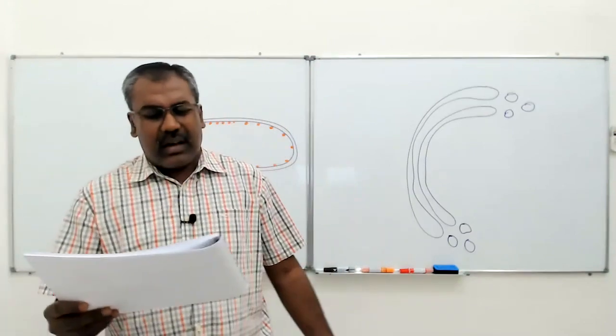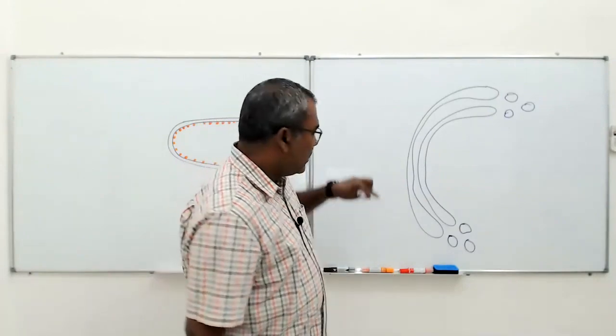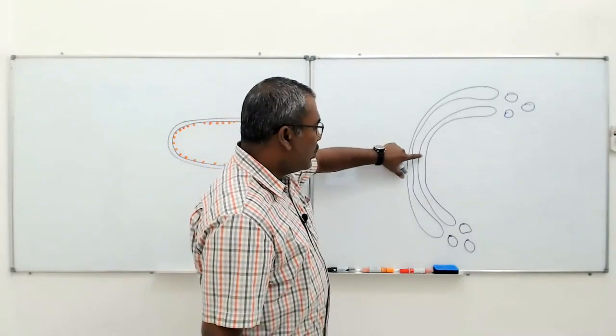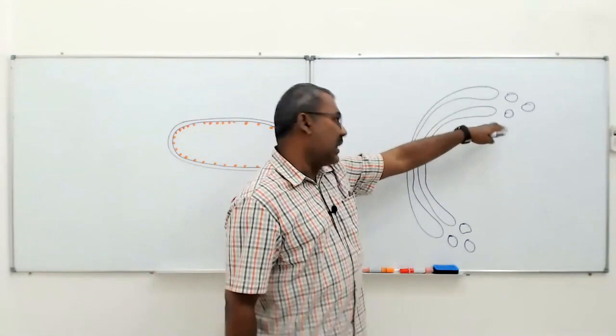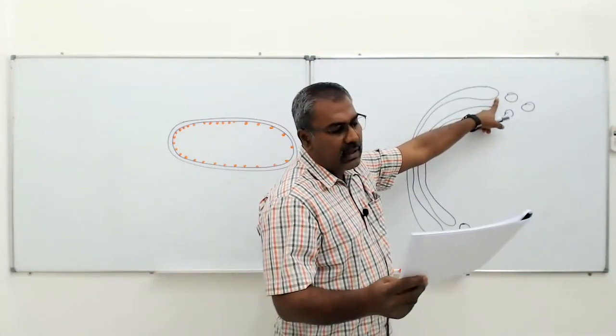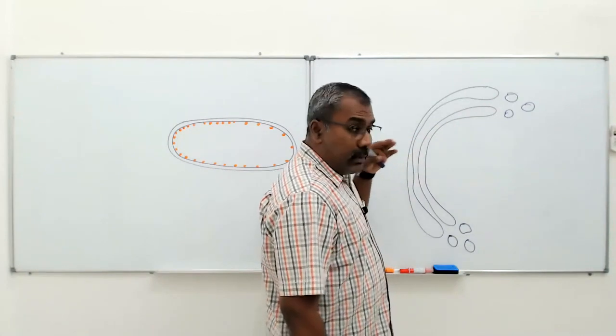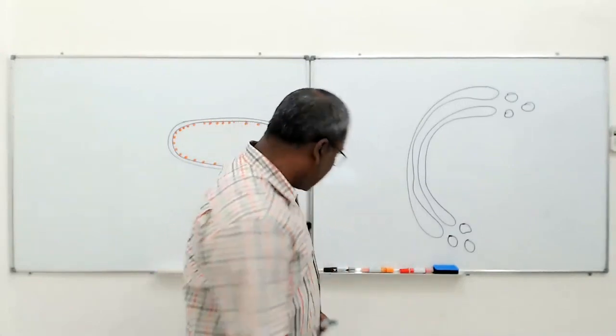Okay. Ada 2 hujung lah. Mana 2 hujung tu? Example, ini satu hujung, ini hujung satu lagi. This is one end, another end. Maksudnya begini.